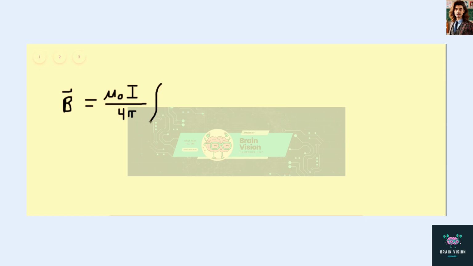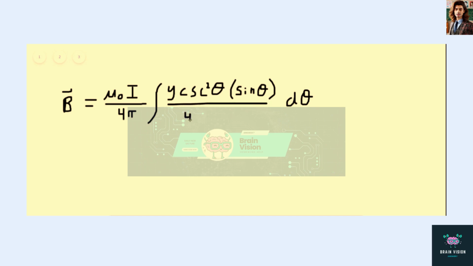And then inside the integral, we have y times the cosecant squared of theta times the sine of theta, all integrated with respect to d theta, and then divided by y times the cosecant of theta, all squared, because we just replaced r with y cosecant theta. And of course, this is going in the k-hat direction.